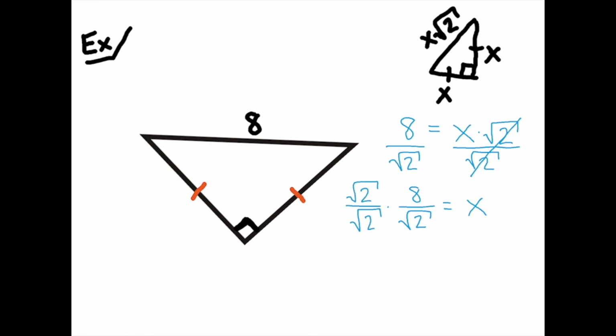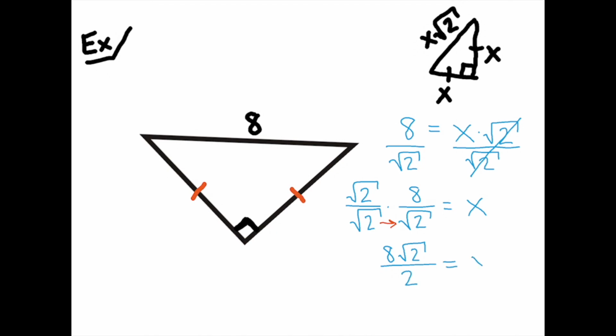Because root 2 over root 2 is really just multiplying this fraction by 1. So when I do that, I'm left with 8 times root 2 in the top, and root 2 times root 2 on the bottom, because we multiply across. Root 2 times root 2 is just 2.